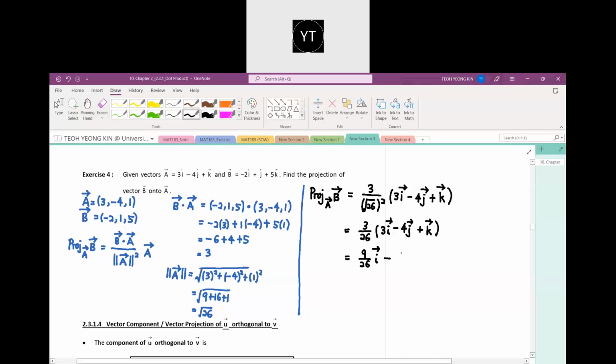So here we should have 6 over 13 j, and finally 3 over 26 k. So here is the answer for the projection of vector B onto vector A.